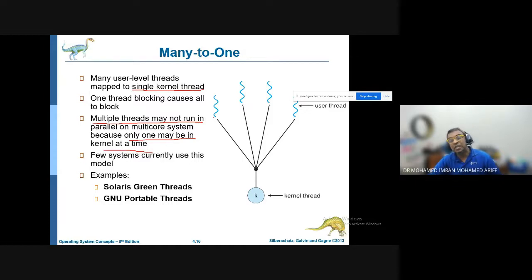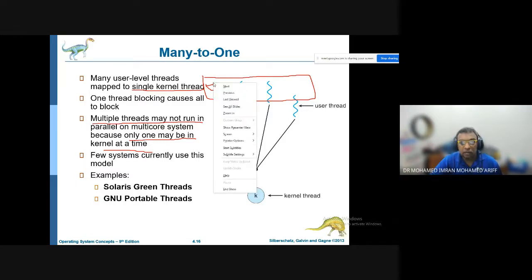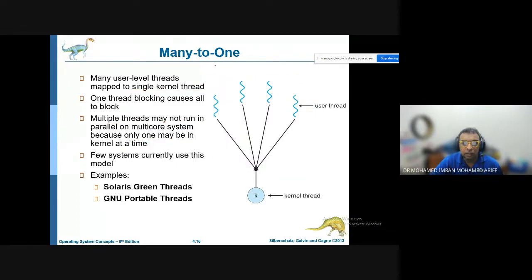So this is what we say as A. In this case, we have one kernel running multiple user threads. What does this mean? Meaning to say, this is all one. If I draw it like this, all of this is the OS.